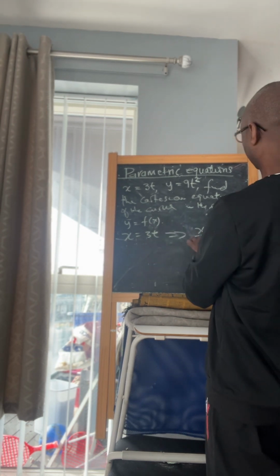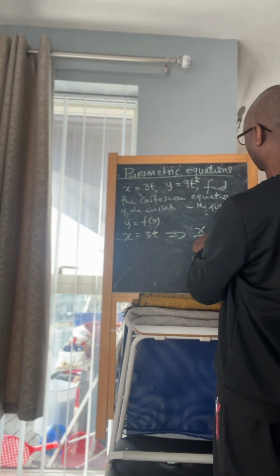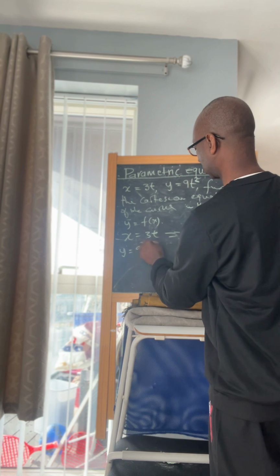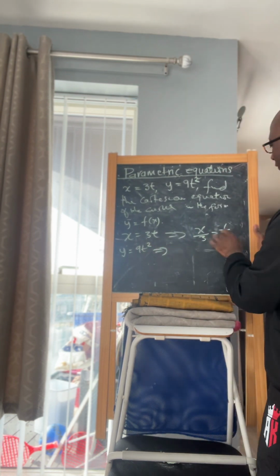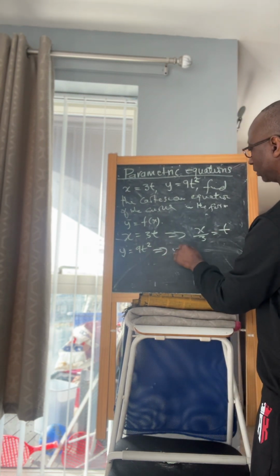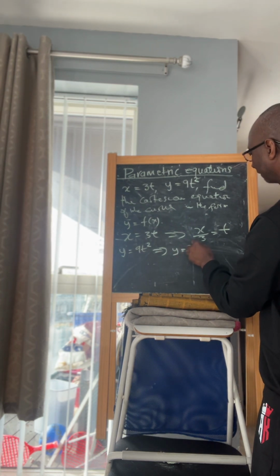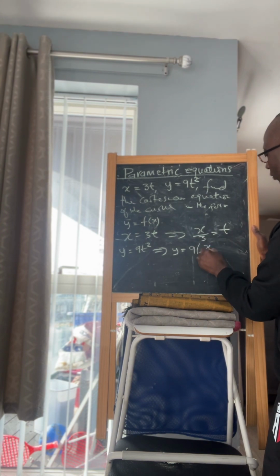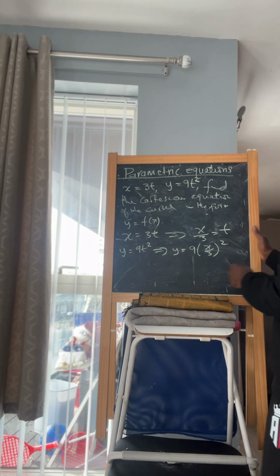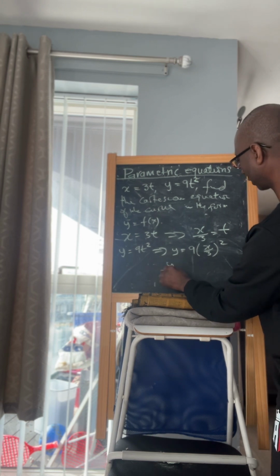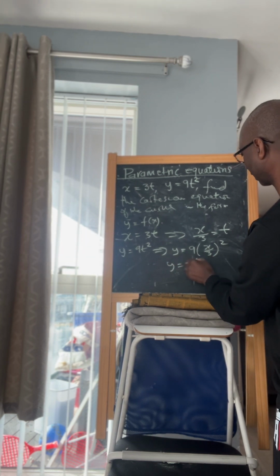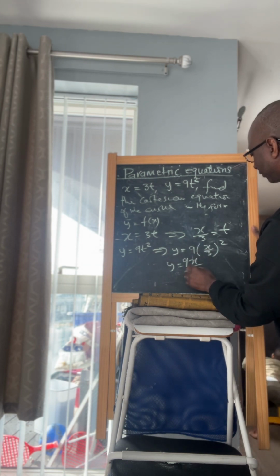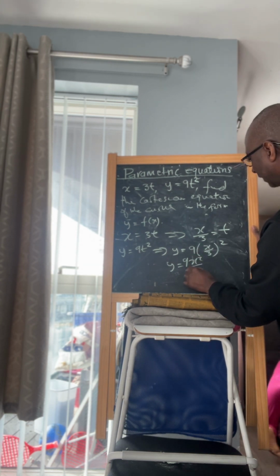Now put this x all over 3 equals t in y equals 9t squared. If you now substitute for t in this equation, you have y equals 9t squared. But what is t? t is x all over 3, squared. So y equals 9x squared all over 9.